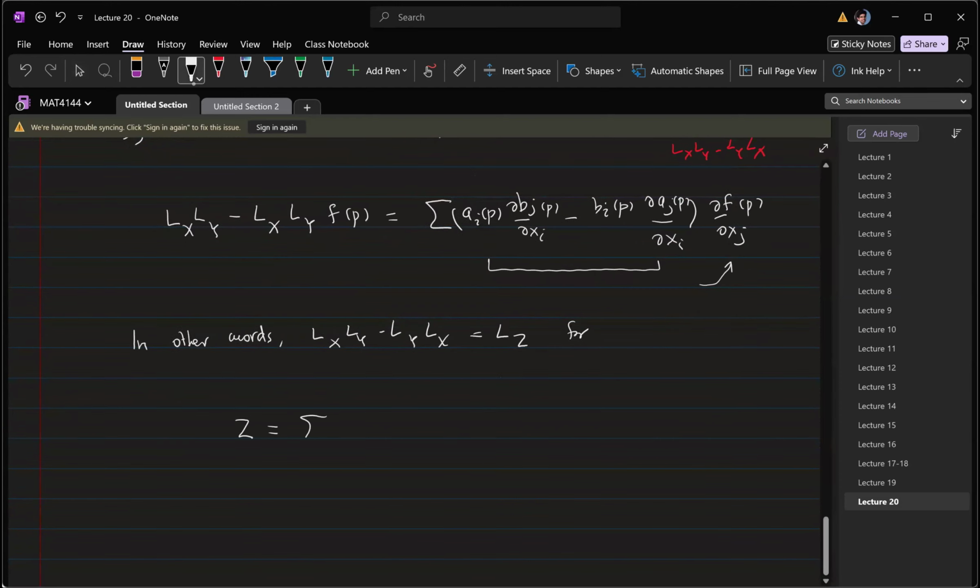So this is sigma of a_i db_j/dx_i minus b_i da_j/dx_i at p times e_j.